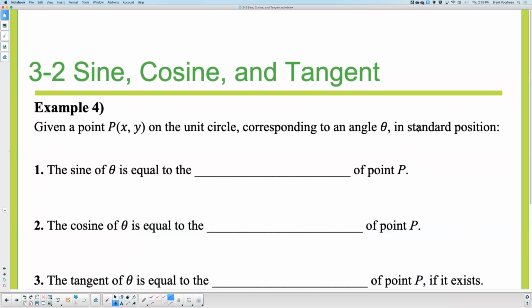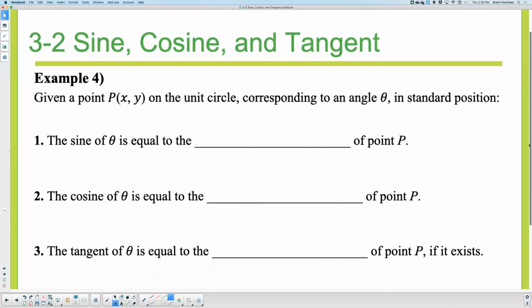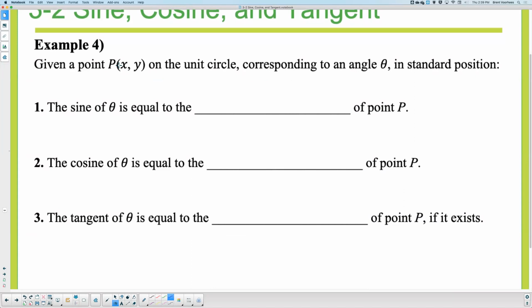Moving on, example 4 here. It says, given a point P, so any x and y on the unit circle corresponding to the angle theta in standard position, the sine of theta is equal to the what of point P? The sine would be equal to the y component.